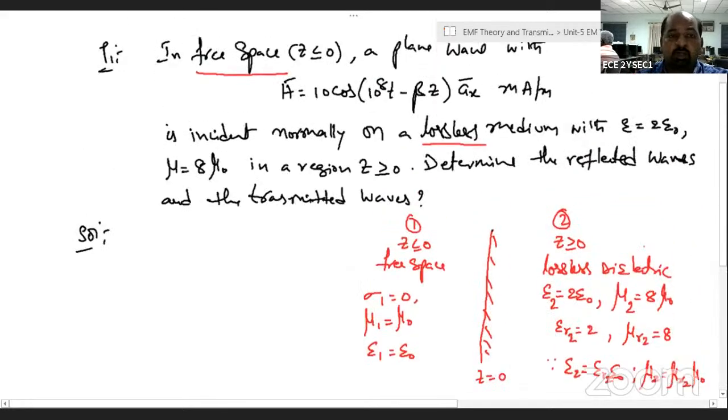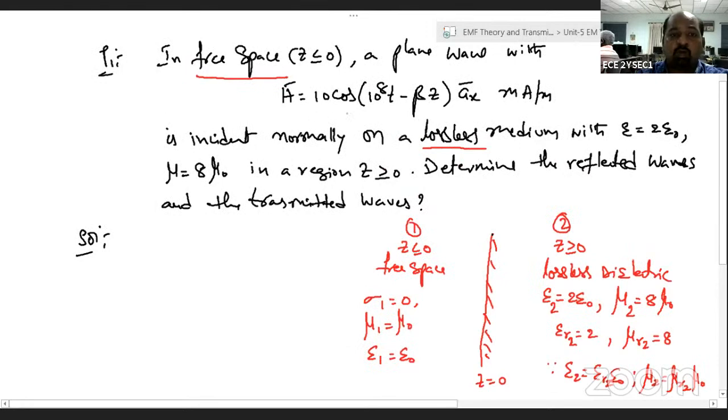And one more thing, here 10 cos 10 power 8 t, that means omega is equal to 10 power 8. In fact, this is in the form H is equal to H naught cos(omega t minus beta z) a_x bar.